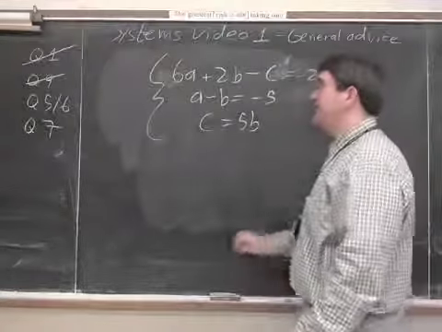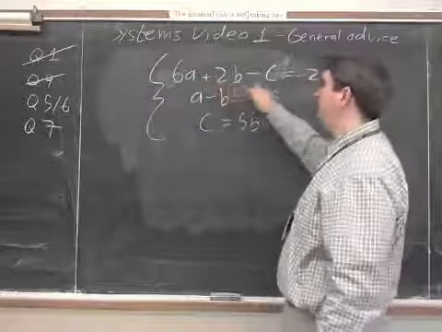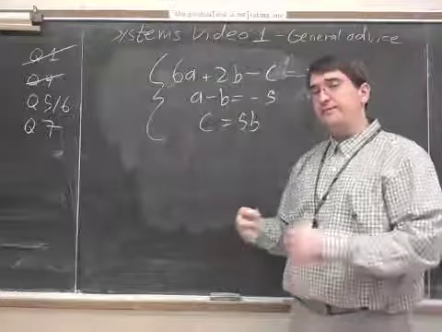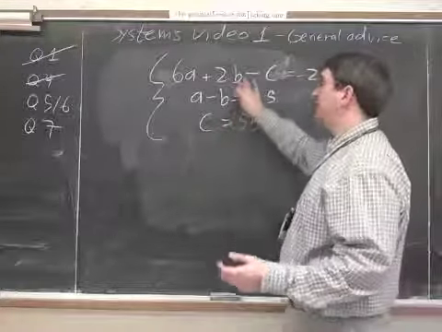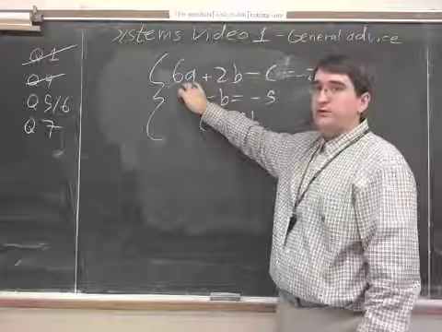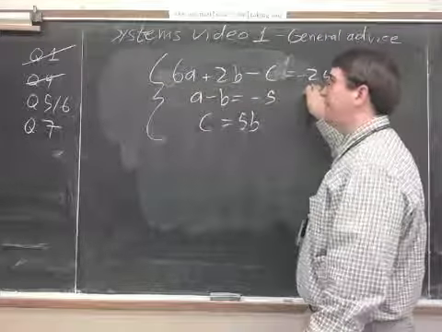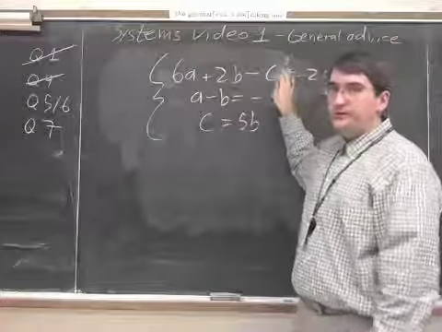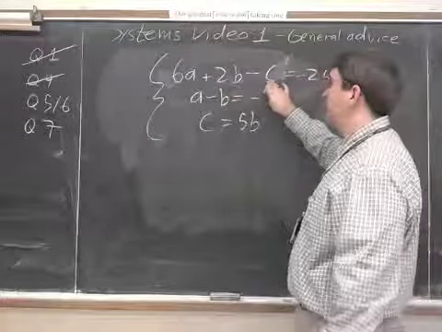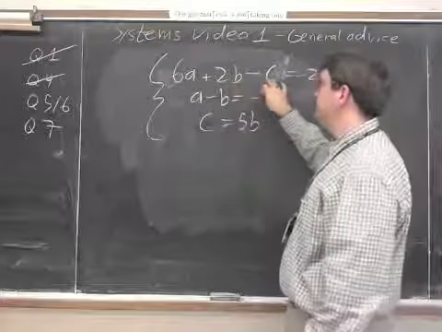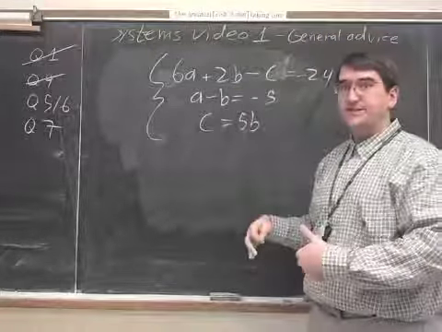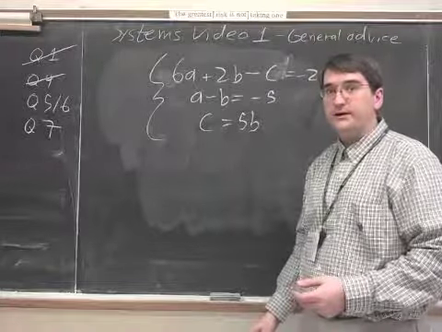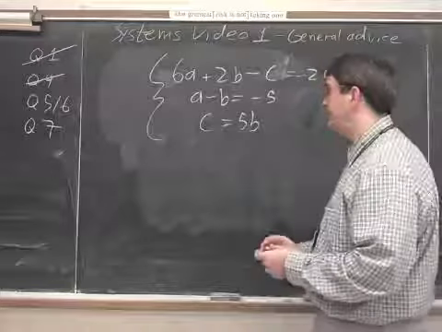What I really want is to replace A, B, and C, or at least two of the three of those, with expressions that have all the same letter in them. So I either want to replace B and C with something with A in them, so I have everything in terms of A. Or I want to replace A and C with expressions with B in them, so now only B is there and I can solve for B. Or I would do the same and get everything in terms of C, so that I can solve for C as the first step, and then use these two equations down here to find what B and A are, or whatever selection we have.